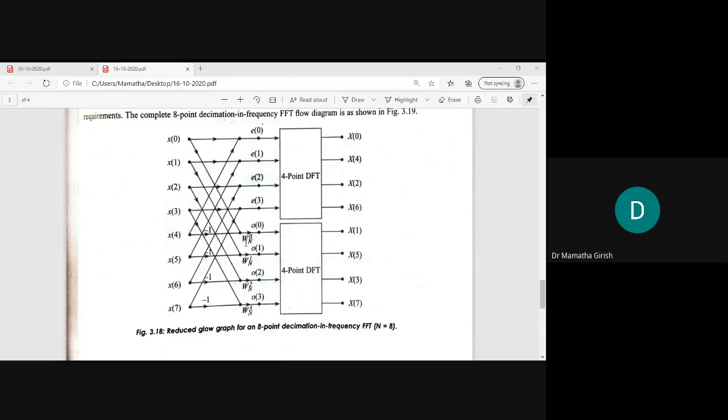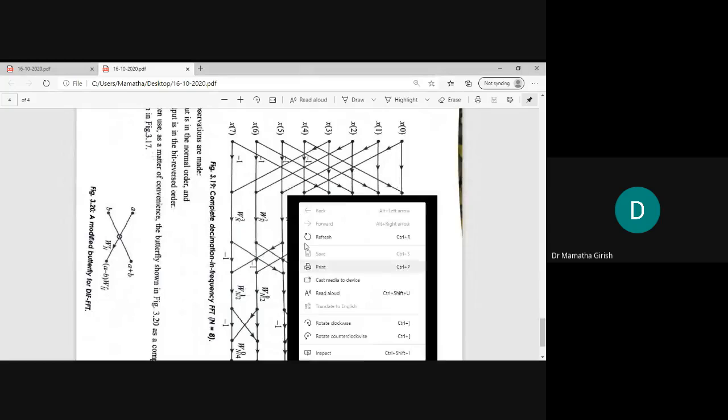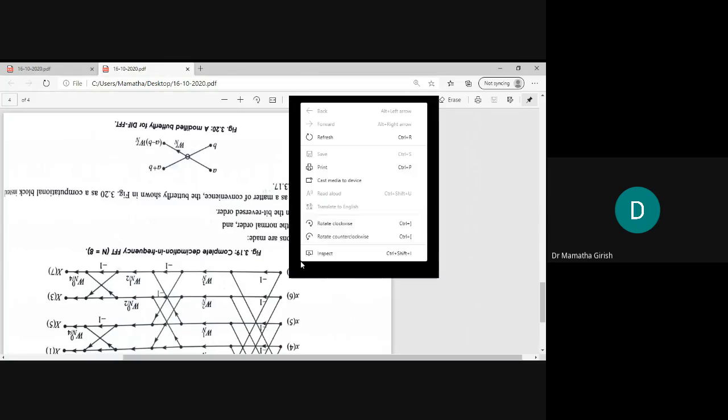As long as it is an 8-point DFT, the value of capital N is 8. So the upper terms x of 0, x of 4, x of 2, x of 6 are just the addition of the respective inputs only. Whereas x of 1, x of 5, x of 3 and x of 7 will have, along with the inputs, the twiddle factor term also. Moving ahead, I'll show you the complete structure. Just hold on.